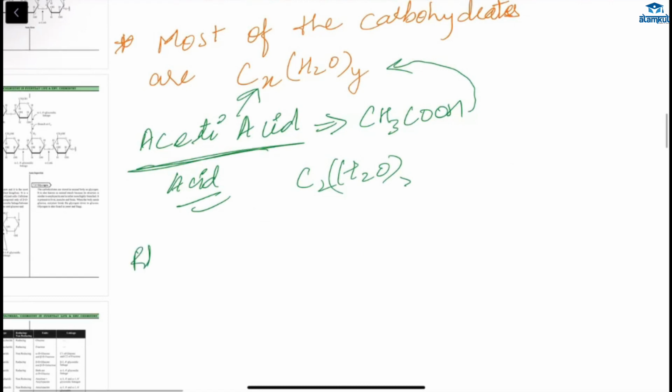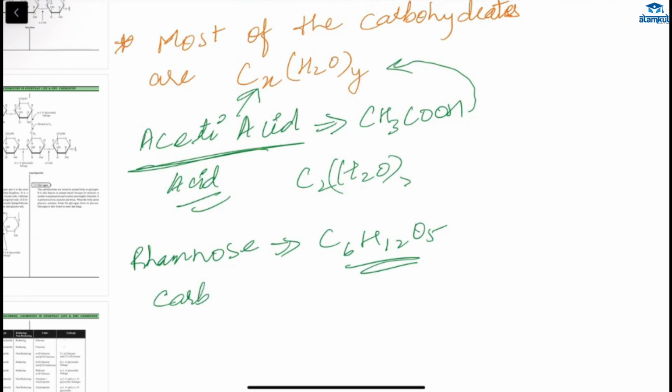Other than that, rhamnose structurally has the formula C6H12O5, but it is a type of carbohydrate only, which does not fit this formula. So we can write that most carbohydrates follow the general formula Cx(H2O)y, but not all of them.